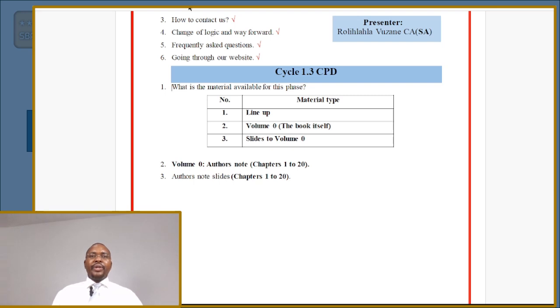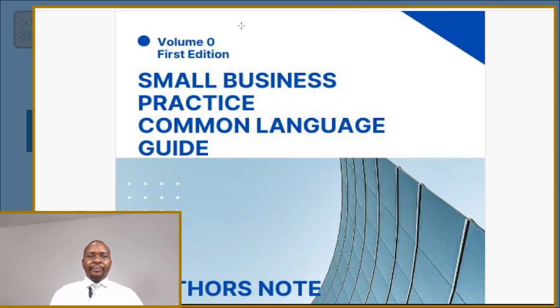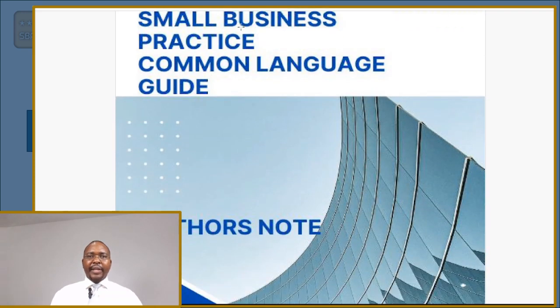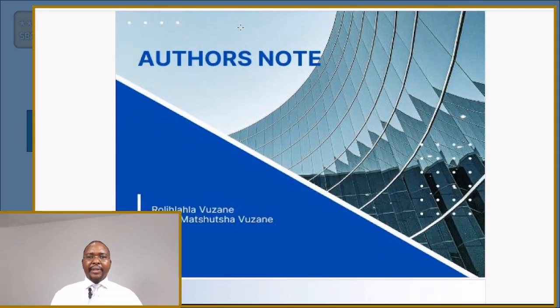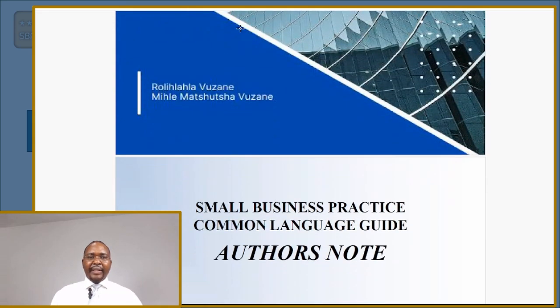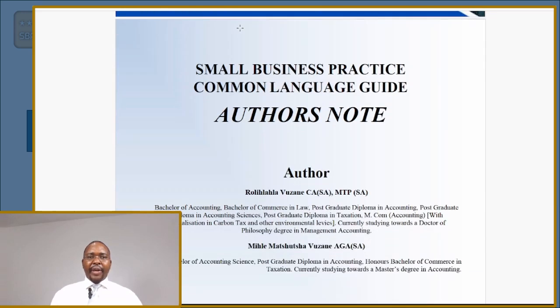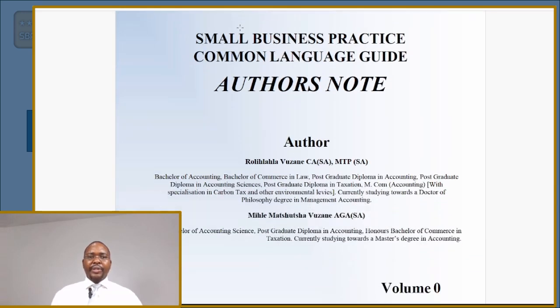Let us go to the book itself. Now, this is the book that you should have at your disposal. This book has been uploaded on the CPD material site, and it's called Author's Note.